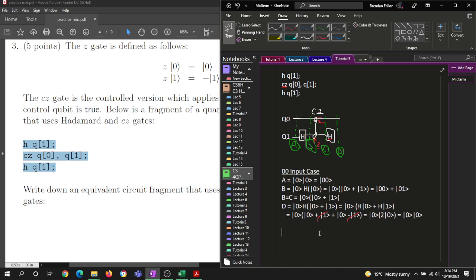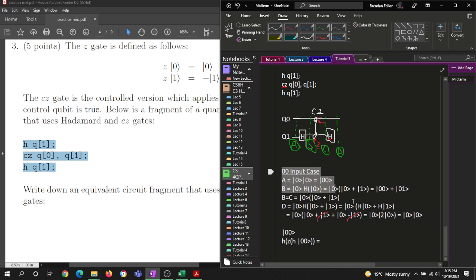So if 0, 0 is your input bit, over the entire gate you're going to apply a Hadamard, and then a CZ, and then a Hadamard. Since it's only affecting the bottom gate, we could nest all these statements, do Hadamard, Z of Hadamard, and then apply it to our input bit, and that should be the exact same thing as working through all these cases. So that's going right from A to D.